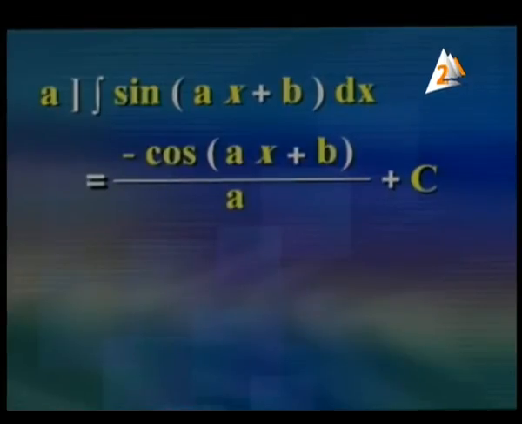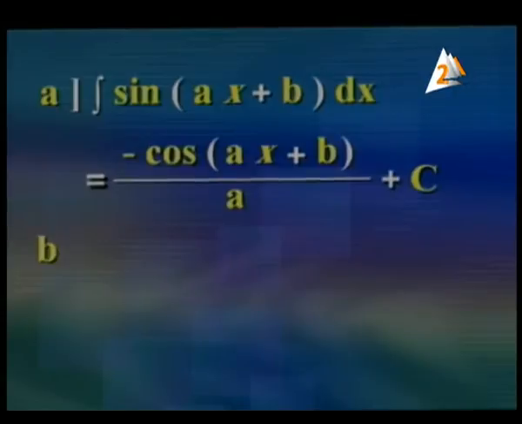Remember, dear student, if we have sine of bracket ax plus b, we find the integration of sine, which is negative cosine of the bracket. After that, divide by the coefficient of x. Look, the coefficient of x is a.